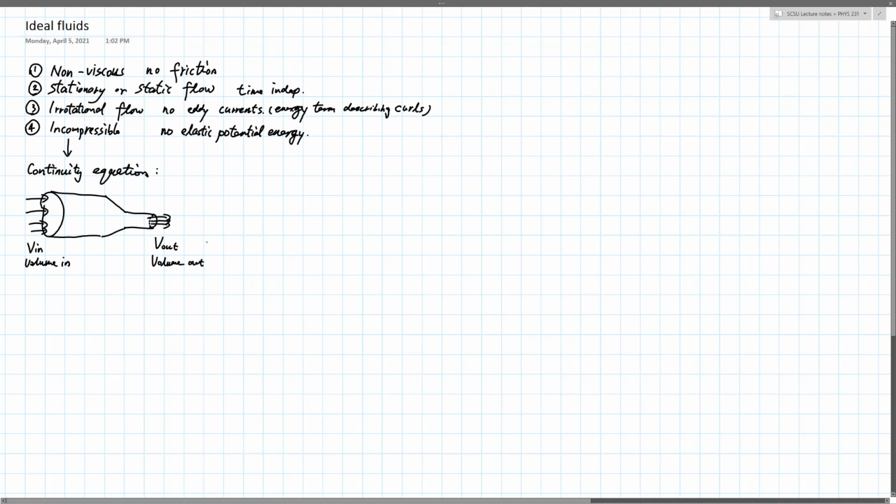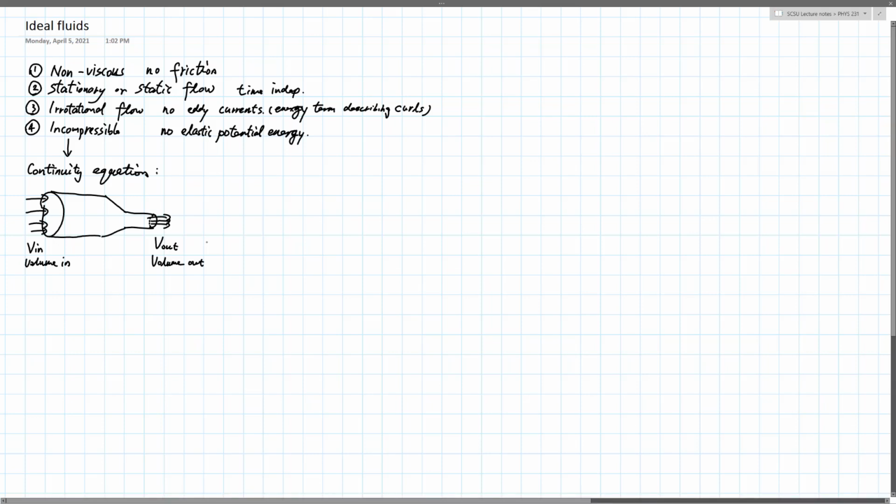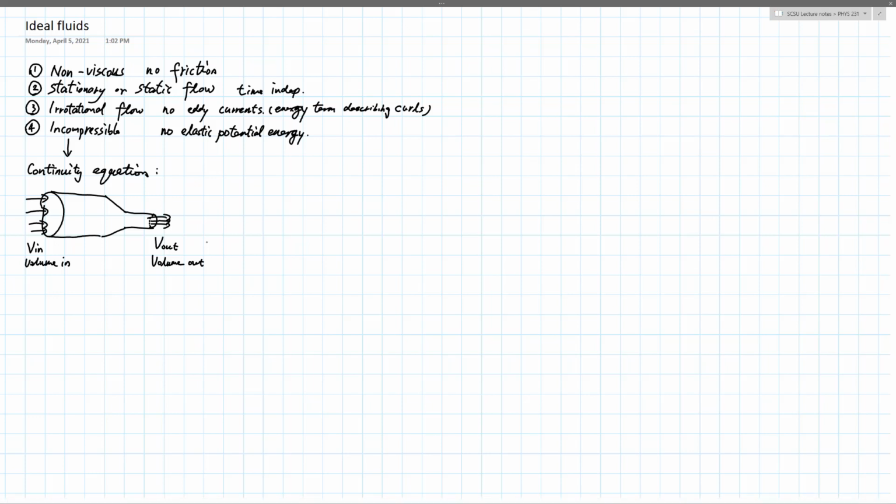There are a lot of these continuity or conservation equations. For example, in chemistry, the total mass of a reaction is conserved. Whatever amount of mass goes into the reaction has to come out, including the gas products, right? In physics, there's also energy conservation in a broader sense, where sometimes mass turns into energy.